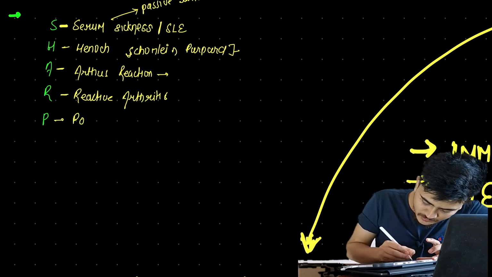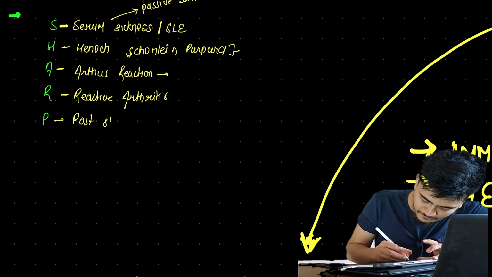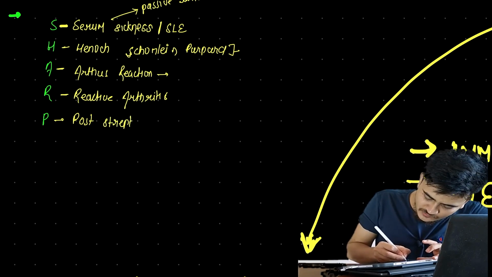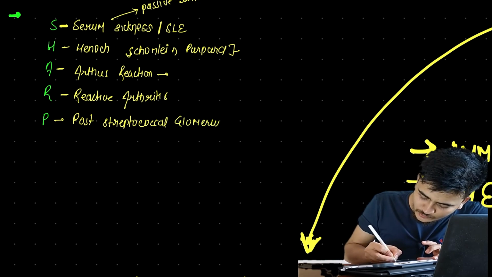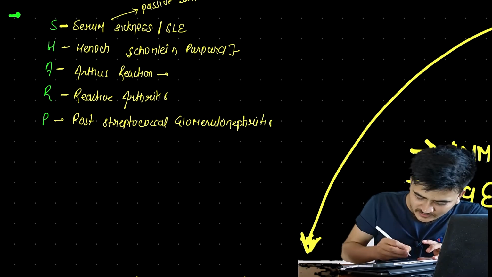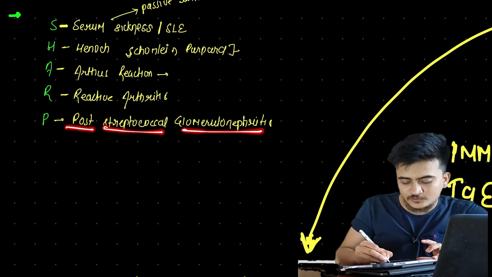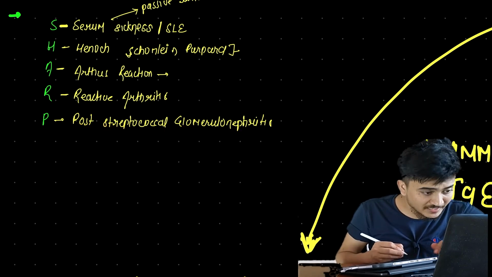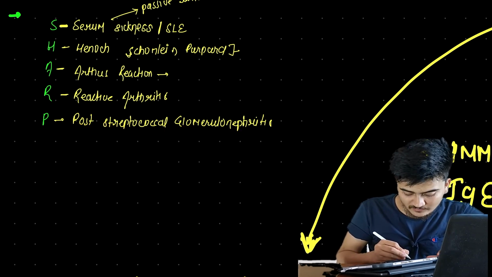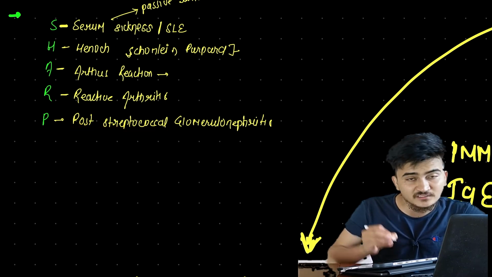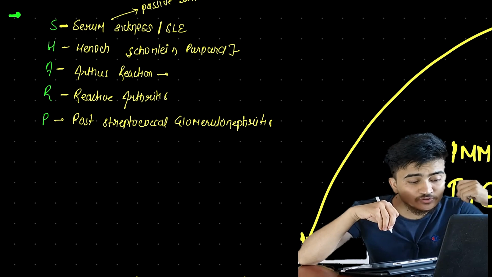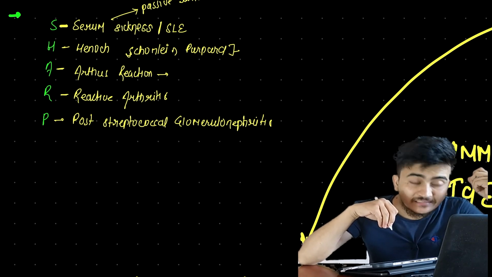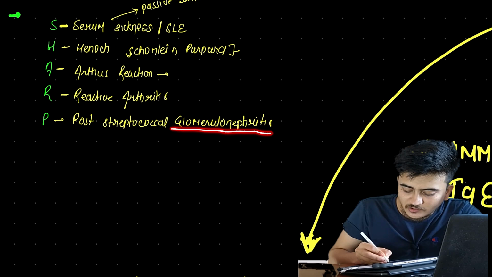From the word it is clear, it is the condition after streptococcal infection in which we will find damage to the kidneys, kidney problems, and that is the glomerulonephritis.